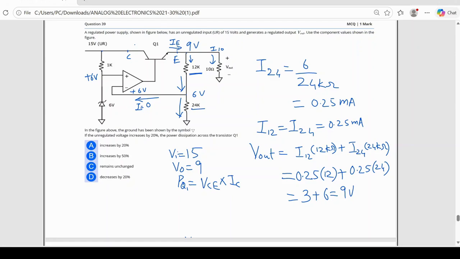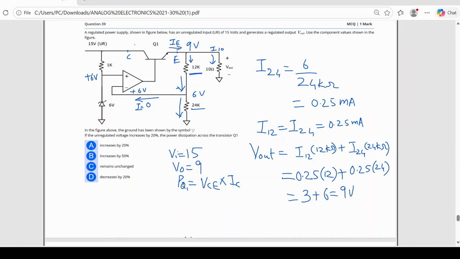So IE is I12 plus I10. What is I10? 9 divided by 10 ohm, which is 0.9 amps. Whereas the I12 is only 0.25 milliamp. So we can neglect 0.25 milliamp in comparison with 0.9 amp, and you can assume that IC equal to IE is equal to 0.9 amp.